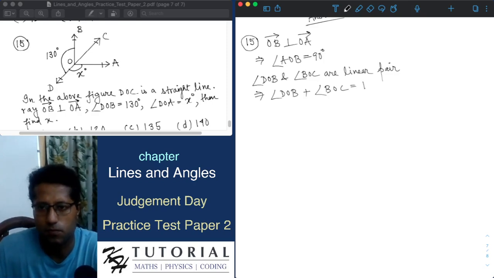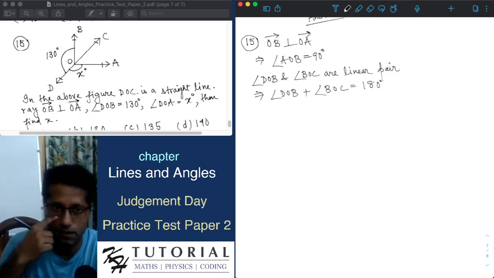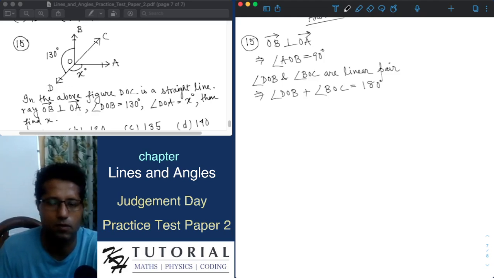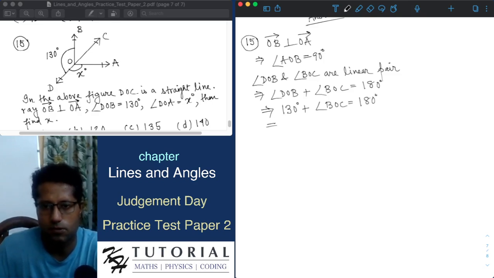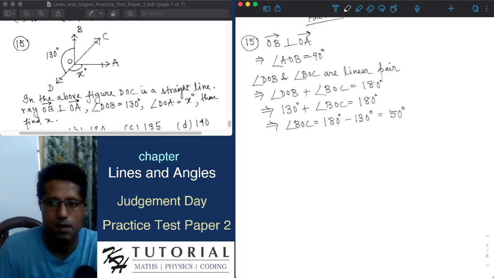So their sum should be 180 degrees. Angle DOB plus angle BOC is equal to 180 degrees. Now angle DOB is given to be 130 degrees. So we have 130 degrees plus angle BOC equals 180 degrees. So this implies angle BOC is equal to 180 degrees minus 130 degrees, which is 50 degrees. Angle BOC is 50 degrees.